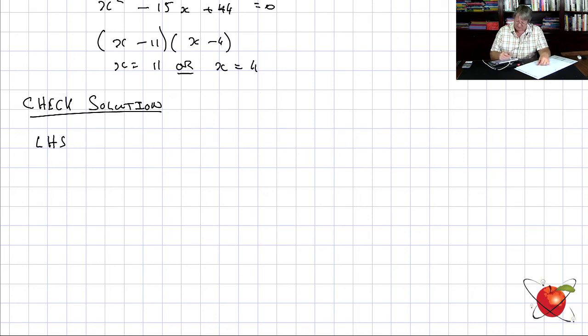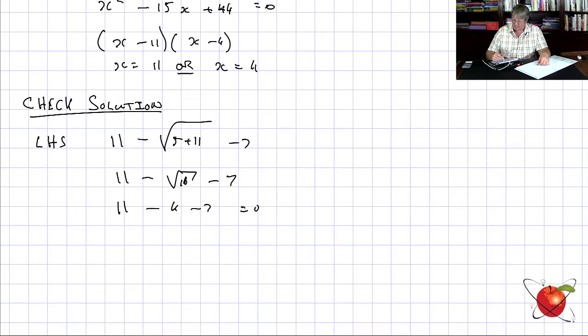It's going to be 11 minus root of 5 plus 11, minus 7. That is 11 minus root 16 minus 7, which is 11 minus 4 minus 7, which is equal to 0, equals the right-hand side. Therefore, x equals 11 is a valid solution.